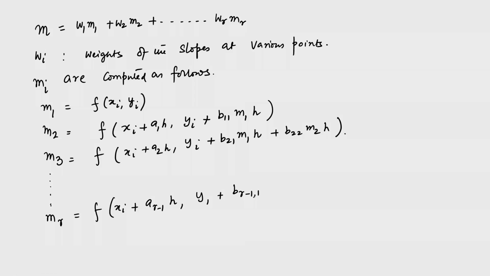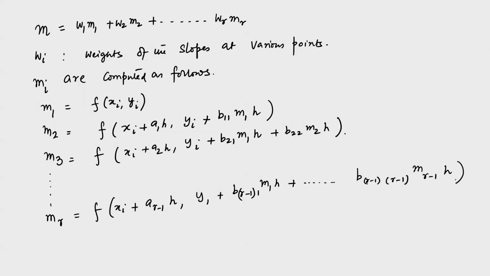If you allow me to put a comma here, otherwise we can avoid putting that comma by just putting this inside a bracket. So, B(r minus 1, 1), which is B21 here, M1 h plus and so on, and then there is B(r minus 1, r minus 1) M(r minus 1) h and so on.